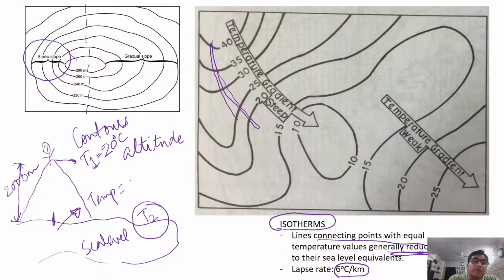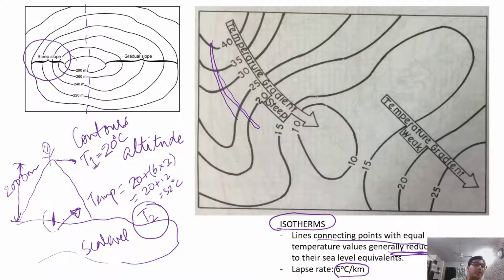So what do we do? Since we have to bring it down to the sea level, we will do 20 plus 6 multiplied by 2 kilometers. It becomes 20 plus 12, 32 degrees Celsius.